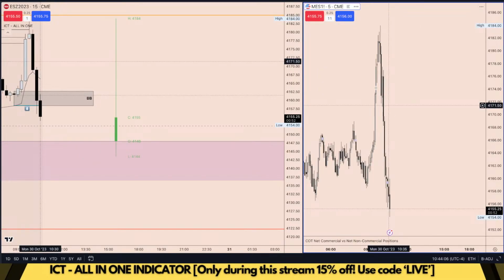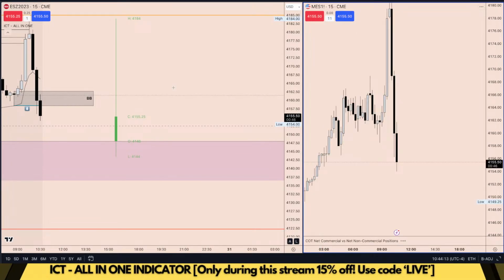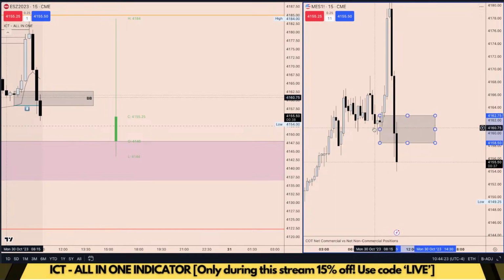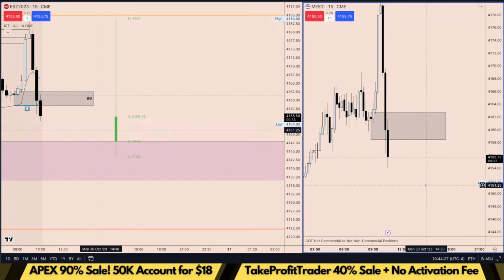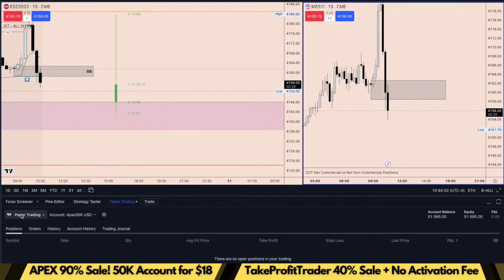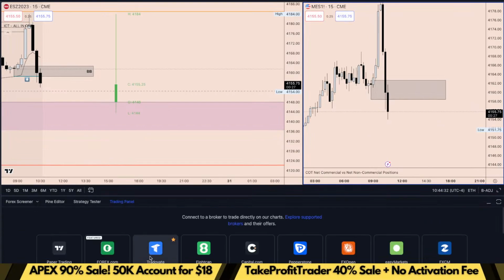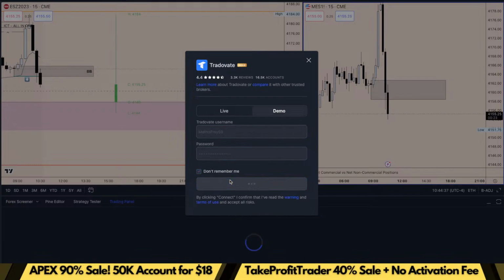Also go to the 15-minute time frame. 44 seconds to go. This is our breaker. Damn it. Lowest up closing candle. No, I'm gonna use this one. This is our breaker block. Log out of paper trading. Take profit trader account.